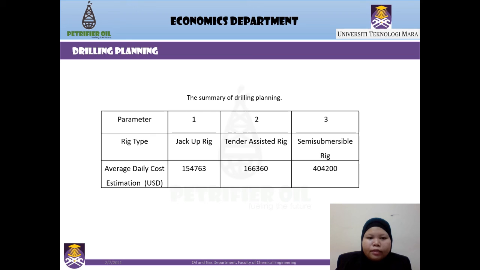The rig type selection will be based on the cost, suitability with the condition of the field, and also the availability of the rig. Based on the cost, option 1 will be chosen as it has the lowest daily cost estimation, and it also suits the Gelama Merah field condition.